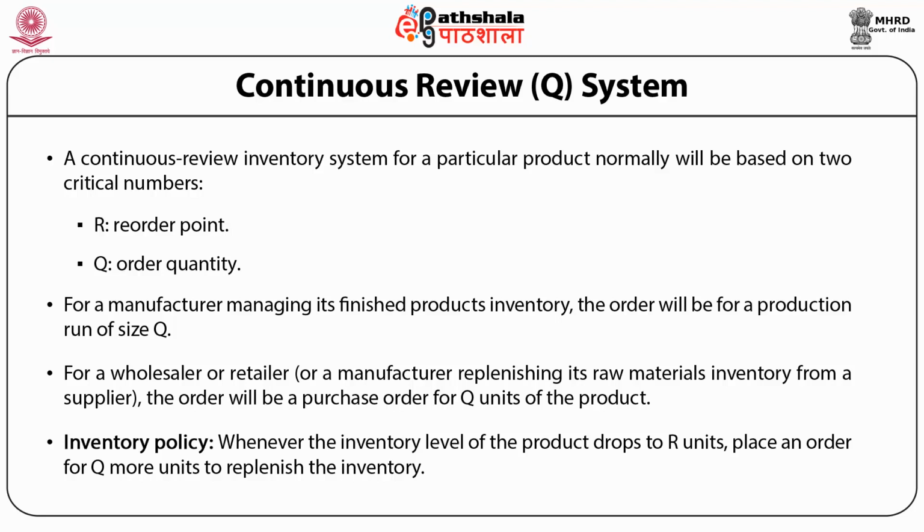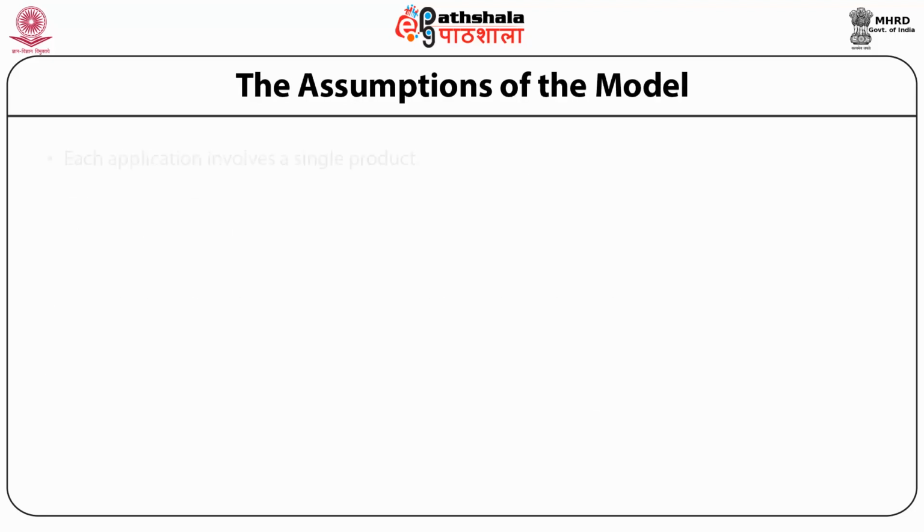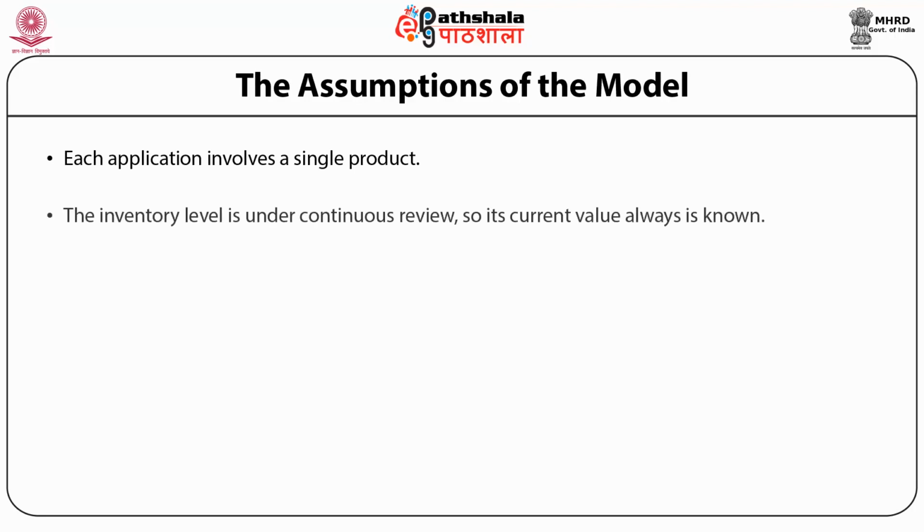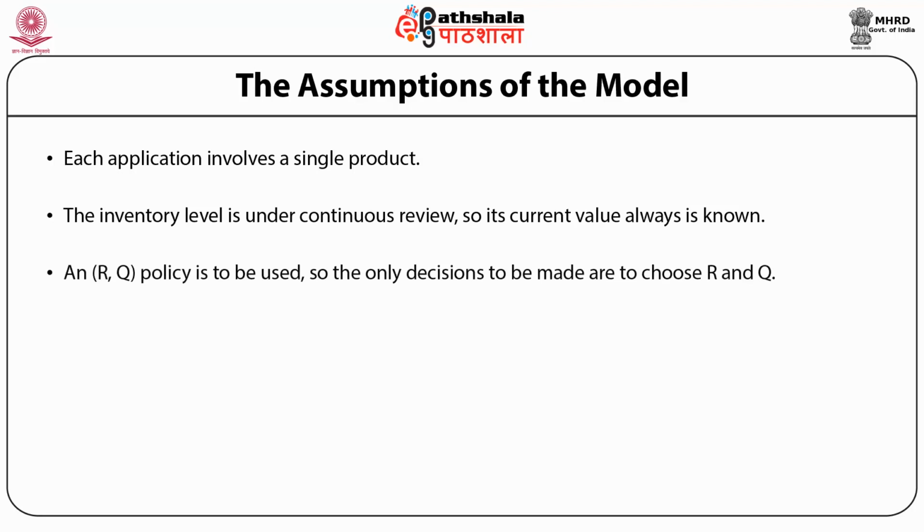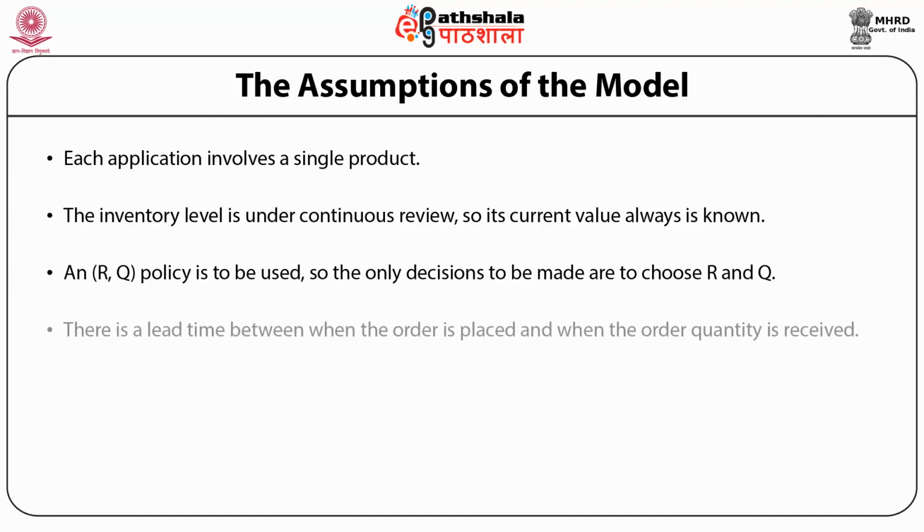Each application involves a single product. The inventory level is under continuous review, so its current value always is known. An R, Q policy is to be used, so the only decisions to be made are to choose R and Q. There is a lead time between when the order is placed and when the order quantity is received.